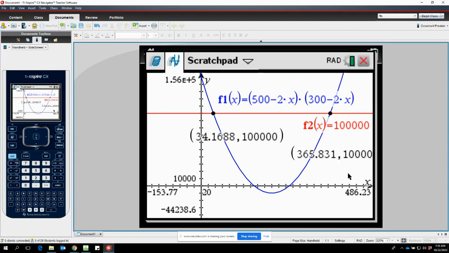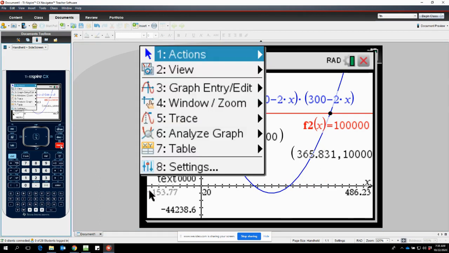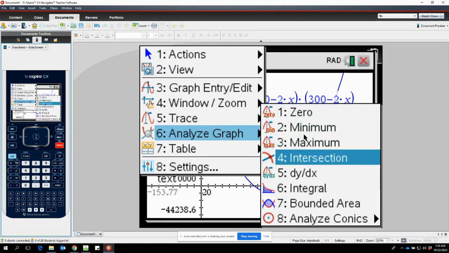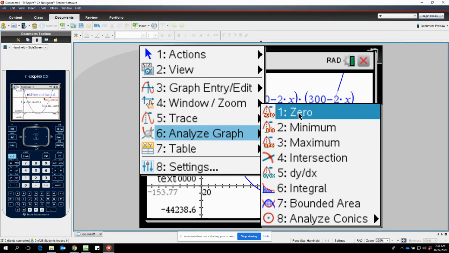So now I have those intersections, which is what step 2 says. And I need to find the x-intercepts because that's going to give me a reasonable domain over here. So I need to find this one x-intercept here. We can find both as well. So the way you find an intercept is menu, analyze graph, zero. That's the x-intercept.